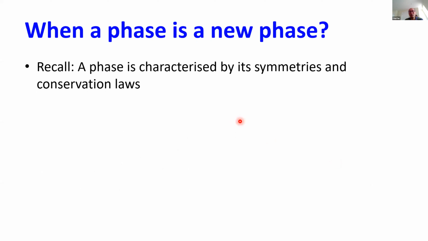Okay, so now let's ask this question. When a phase is a new phase, how do we know that? Let's say I study a new system, a biological system, a bunch of cells moving around. How do I know that what I'm looking at constitutes a new phase in physics? Now, if we use Landau's definition of phases characterized by symmetries and conservation laws, then you may write down all the potentially new symmetries you found, and say, well, this is a new phase because it has new symmetries.